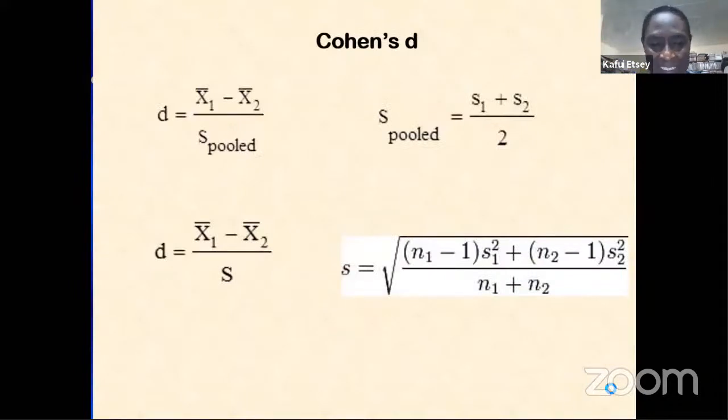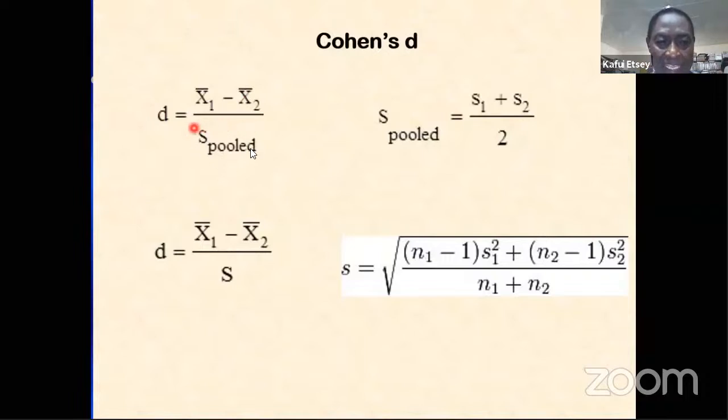This is Cohen's D. When you want to do Cohen's D, you are looking at the difference between 2 groups. So this is the mean for the first group minus the mean for the second group, divided by the pooled standard deviation. And how do you get the pooled standard deviation? It's the standard deviation for the first group plus the standard deviation for the second group, divided by 2.